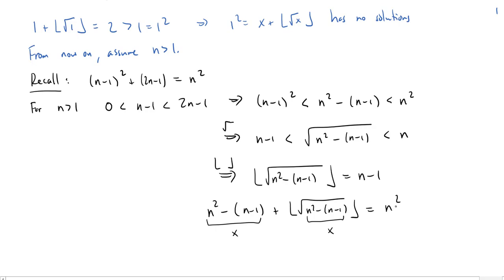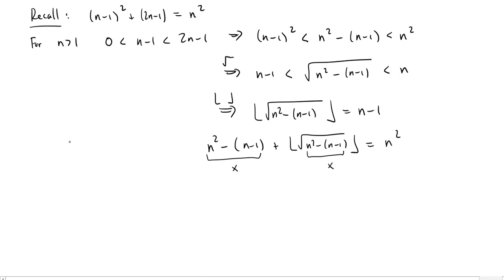And I've solved the equation. For every n at least 1, I've solved this equation. n squared is now x plus the floor of root x. And so all solutions, all possible x, are of the form n squared minus n minus 1.